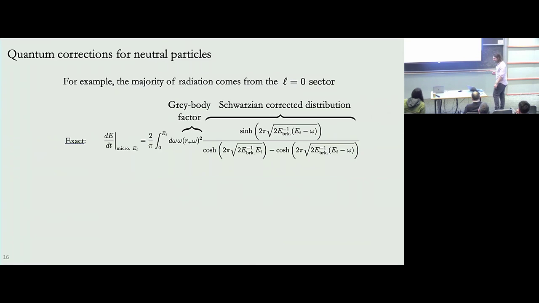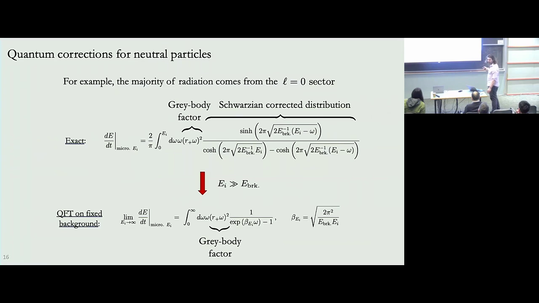So this is the exact calculation, but if we take initial energies that are much larger than the breakdown scale, we precisely recover the semi-classical answer that was known since Hawking. We recover that the answer is given by the Bose-Einstein distribution times the gray body factor. So let's just compare these 2 calculations, the exact one and the QFT on fixed background.